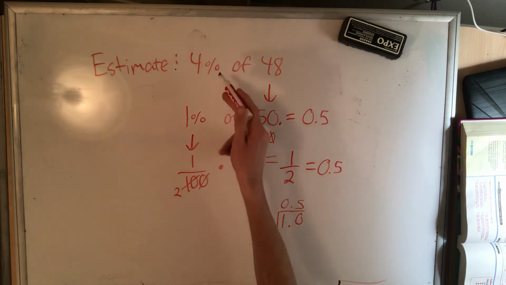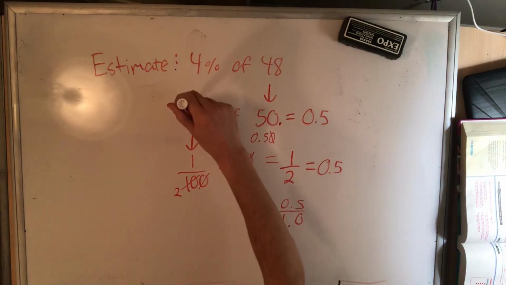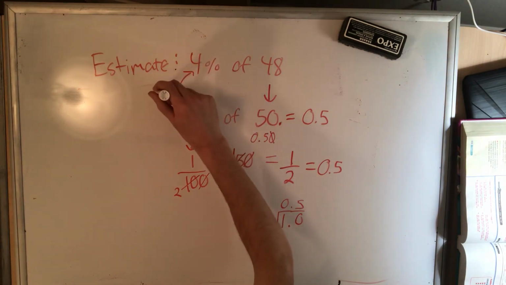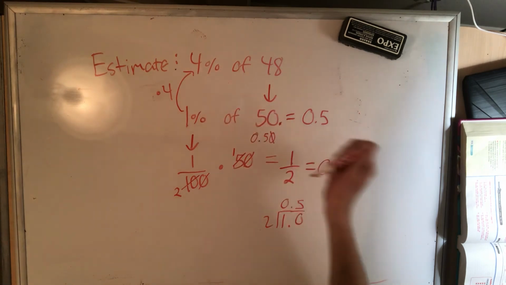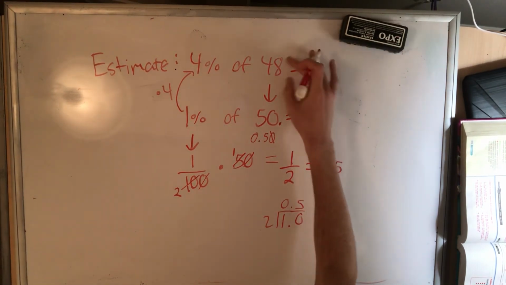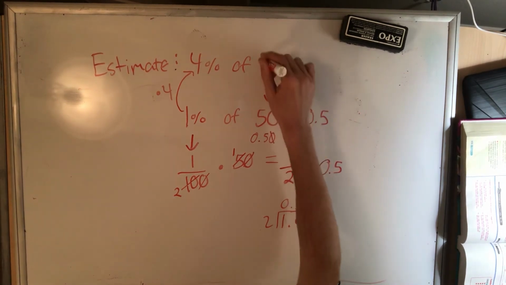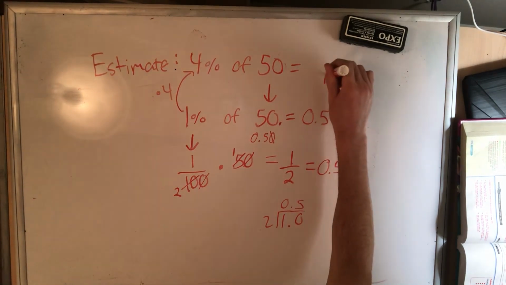Okay, so now we're trying to find 4% of 48. 1% times 4 is 4%. 4% is 4 times as much as 1%. So 4% of 50 is going to be 4 times as much as 1% of 50. So 4 times as much as 0.5.